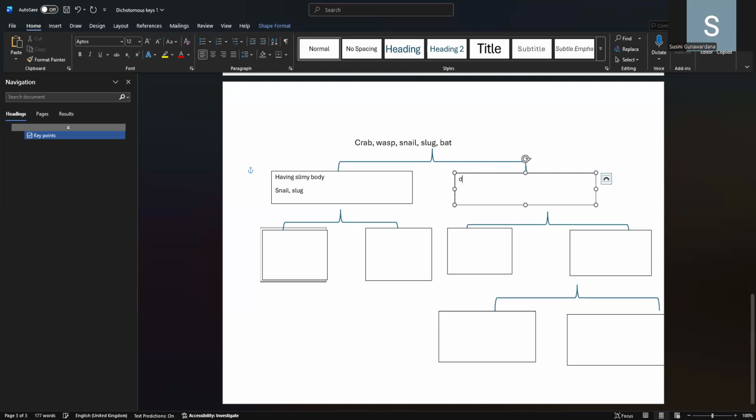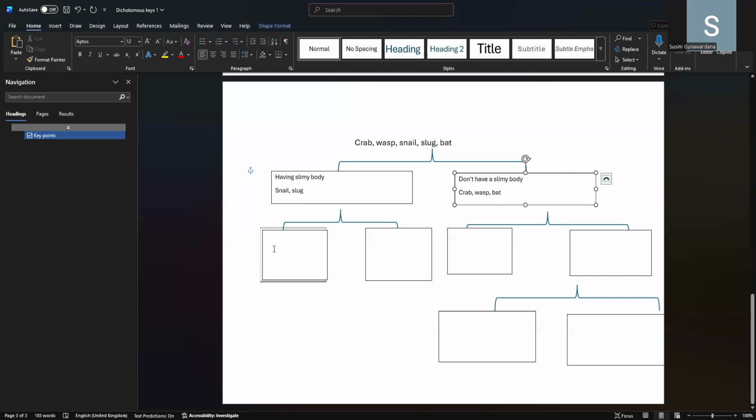Here, the opposite characteristic, or we can mention have a slimy body or don't have a slimy body. Who are the animals? Crab, wasp, and bat. Here, as there are 2 organisms, I will divide this one again: snail and slug.